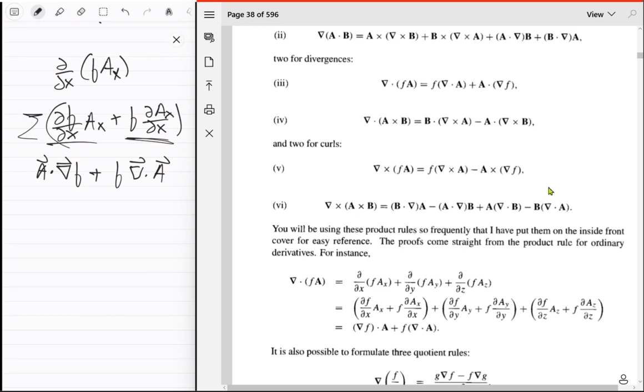You can think of f and A being individual things, the contribution because of the change in one of them plus the contribution because of the change in the other one. If just f changes and A does not change, then del cross A vector is just a constant in that case. It's just the usual cross product. That makes sense.